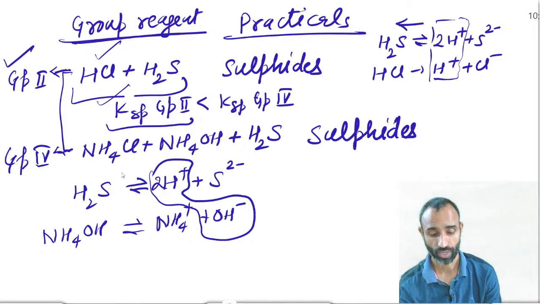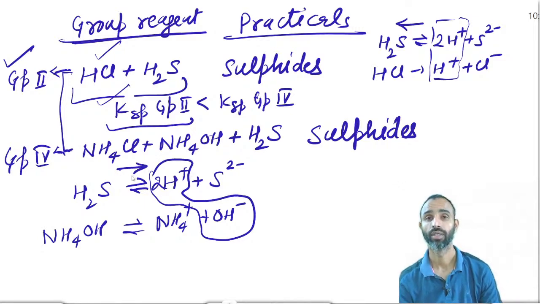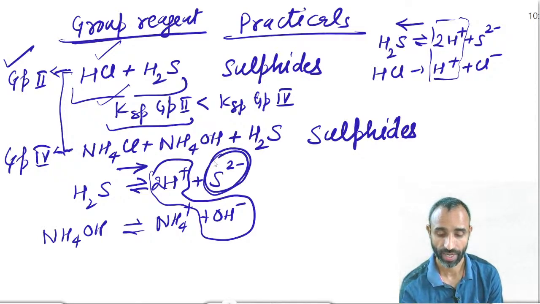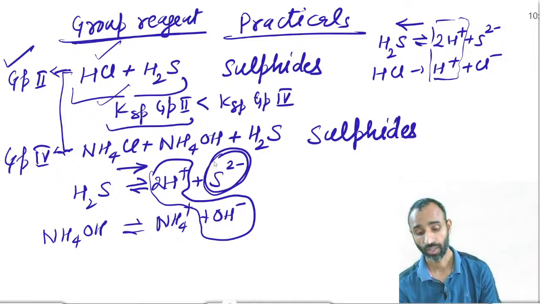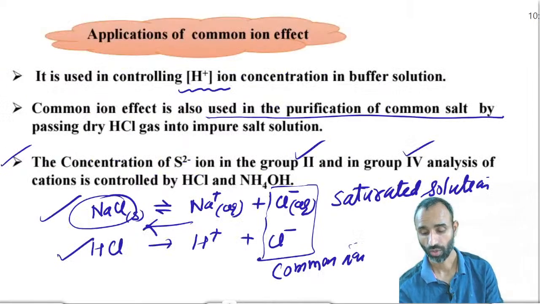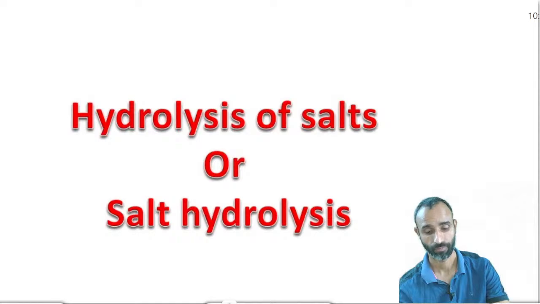And due to the common ion effect, equilibrium shifts somewhat forward, and therefore we get more sulfide ions, and therefore now group 4 radicals get precipitated as sulfide. So this is also an application of the common ion effect.